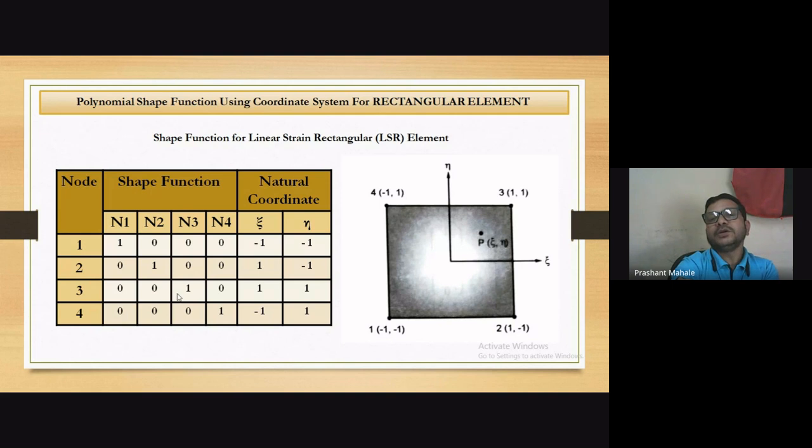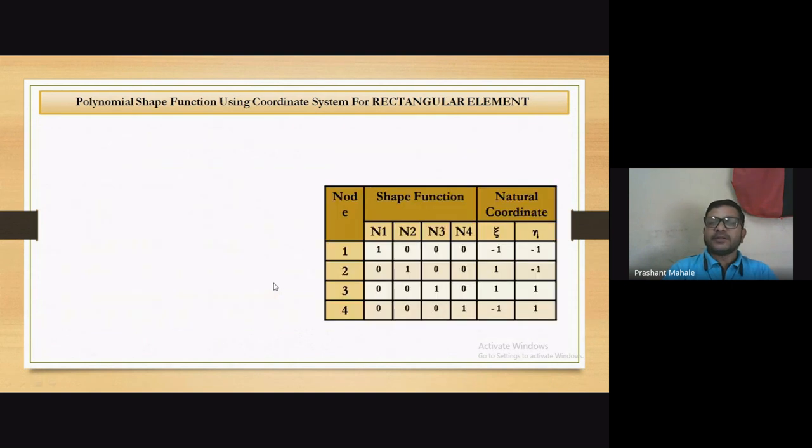Node 3, n3 is 1, all other 0, and node 4, n4 is 1 and all other 0. So you understood this table, what the values written there are. We'll use this table as a reference and go for creation of shape functions now for this rectangular body.